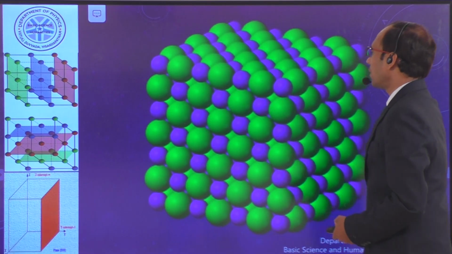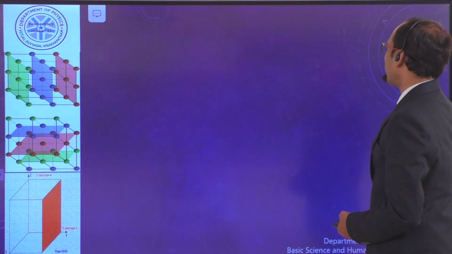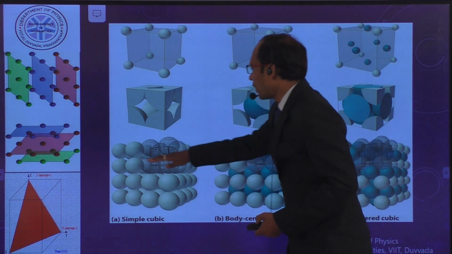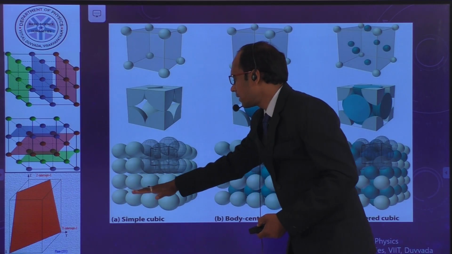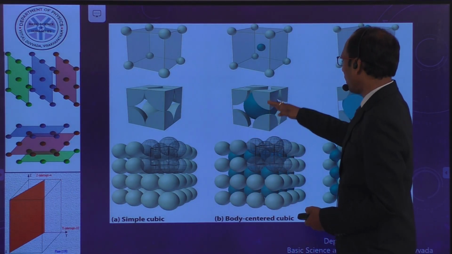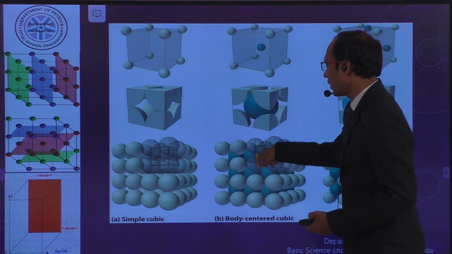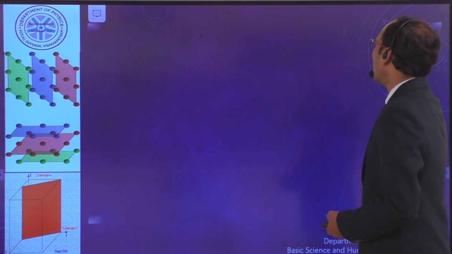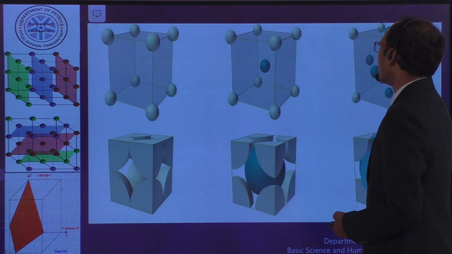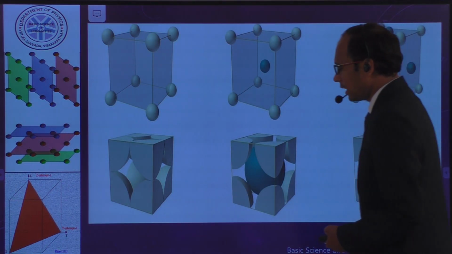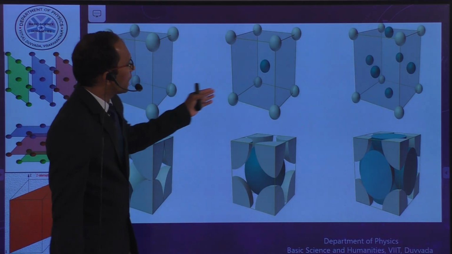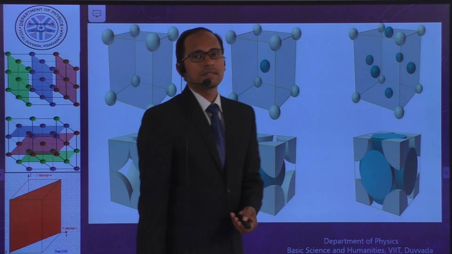Now the same thing if I draw in unit cell form. This is one plane, this is one plane, this is one plane. For simple cubic, body centered again, this is a different plane. See here, individually the planes for simple cubic are like this, body centered cubic different, face centered cubic different.